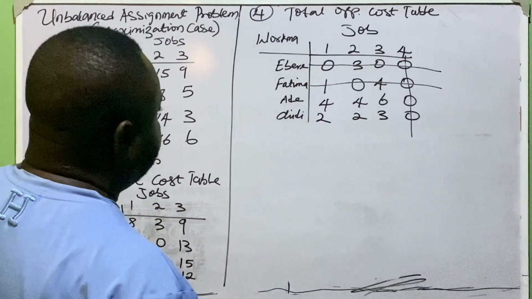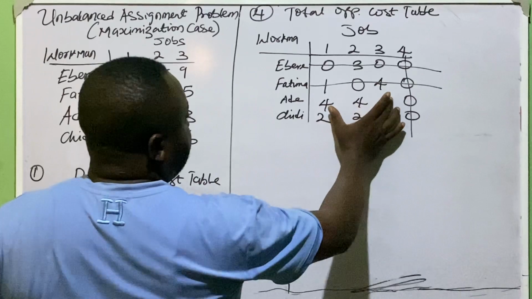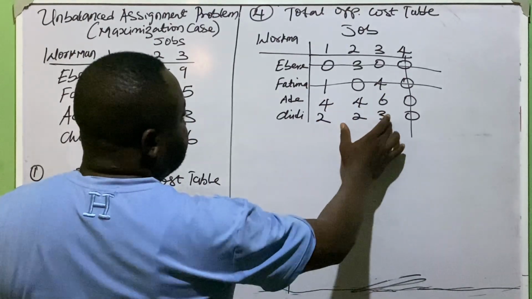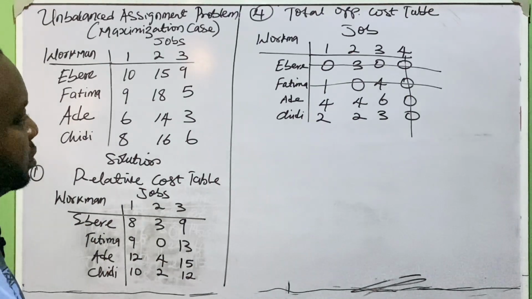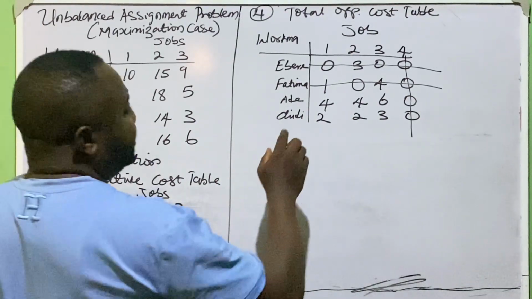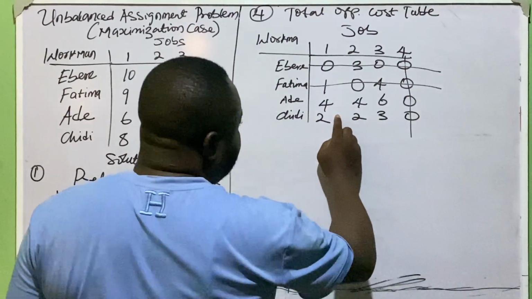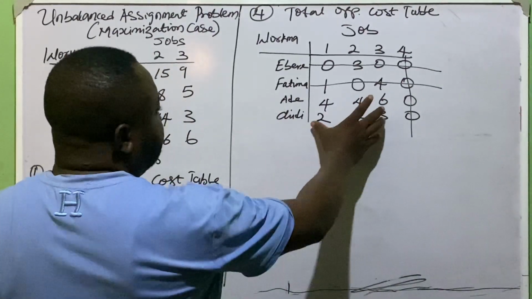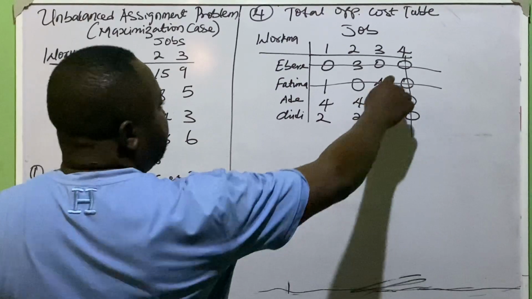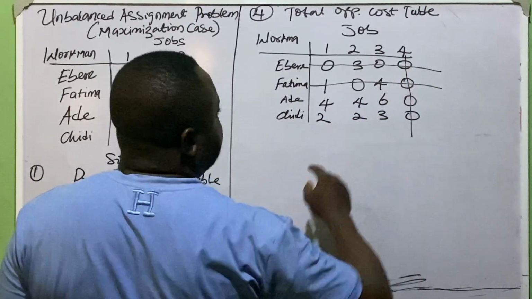So how do we improve? These 1, 2, 3, 4, 5, 6 values are not touched by the lines at all. So we're going to identify the smallest value from these six and deduct it from all of them, then add it to the values that lie at the intersection.